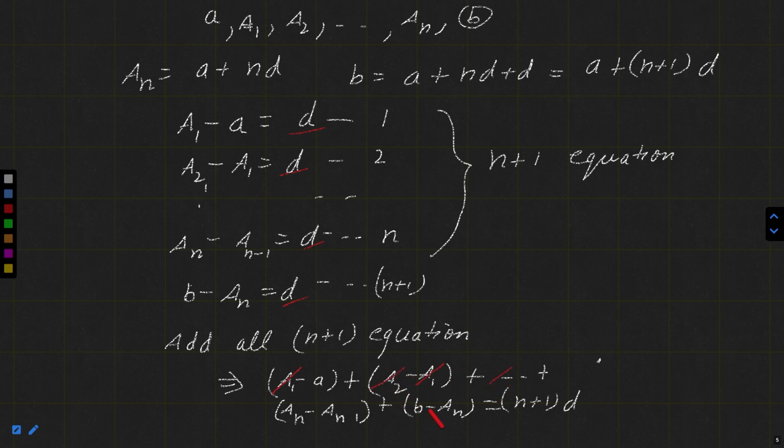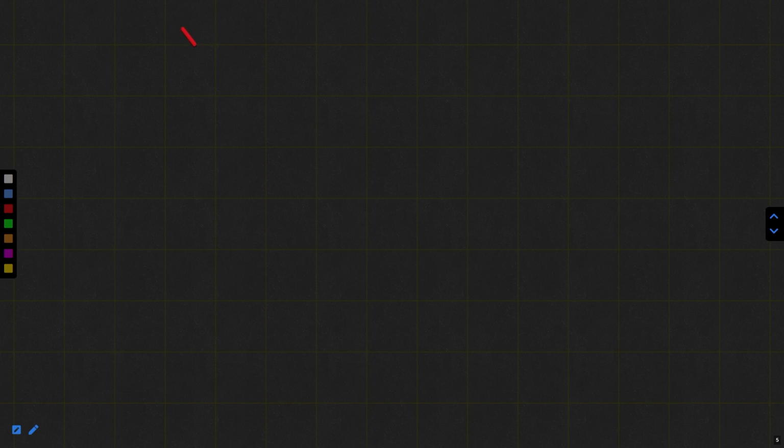Same with this, so all the ANs will be cancelled, then we will be left with only the last term minus the first term, which is equal to N plus 1 times D. Then D will be (B minus A) by N plus 1, where N is equal to the number of arithmetic means, AMs. Okay, clear? So this is the theory behind the question.